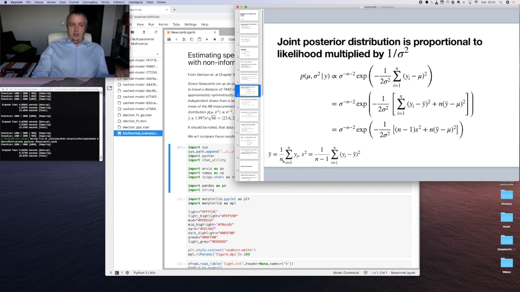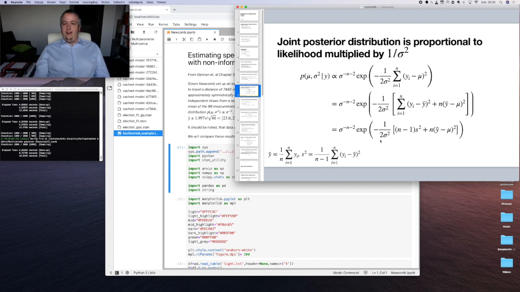Simple computation shows us that this sum can be decomposed into the sum of squared differences between our measurements and y bar, plus n, the number of measurements, times y bar minus mu, the mean of our distribution, also squared. And that first term is related by n minus 1 to an estimator of variance.